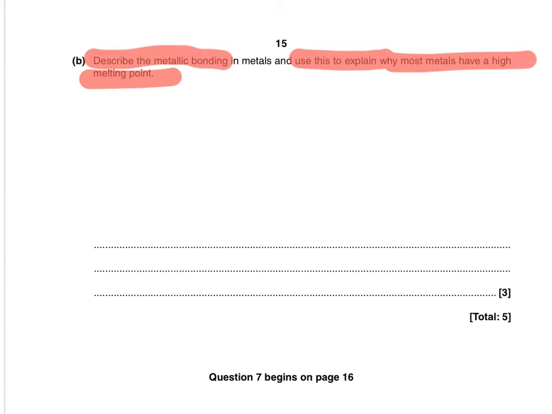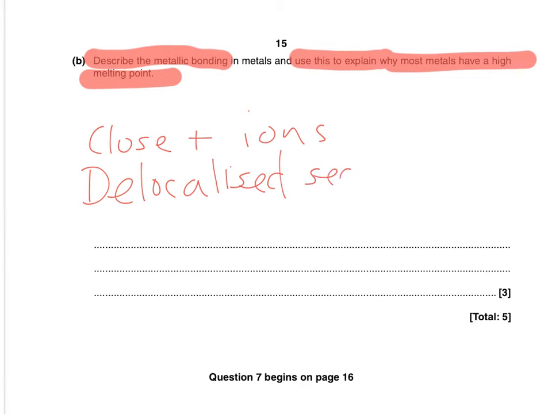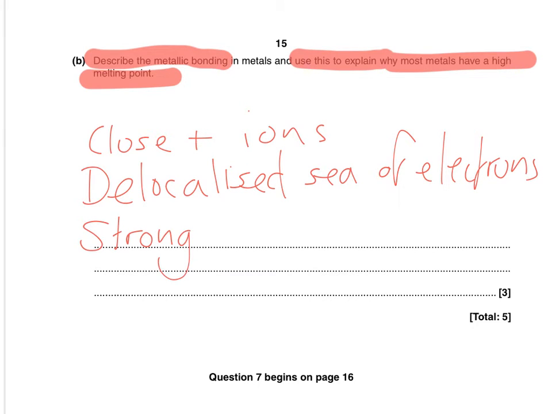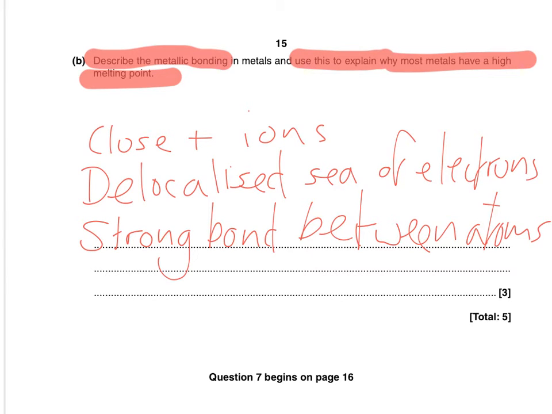So we should know that metallic bonding has got close positive ions. We should also know that there's a delocalized sea of electrons. We should also know that there's very strong bonds between atoms. Okay, so that's plenty of description.